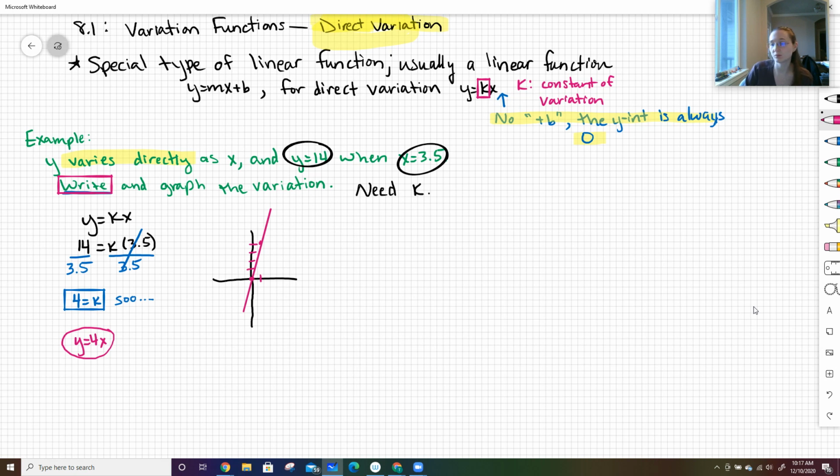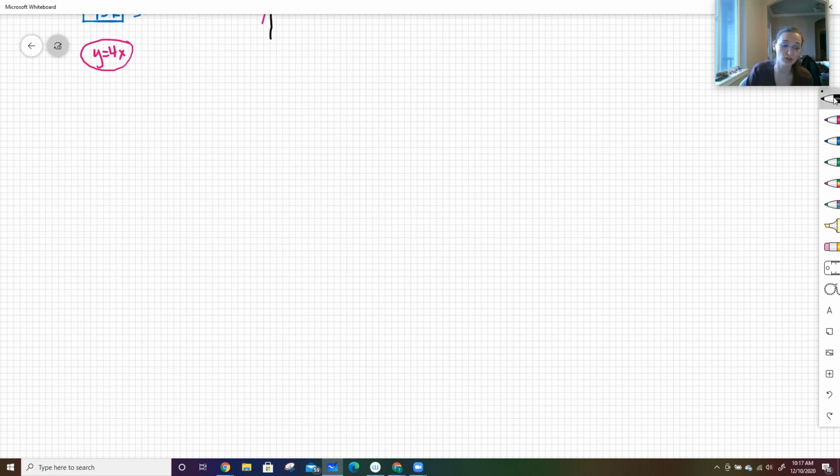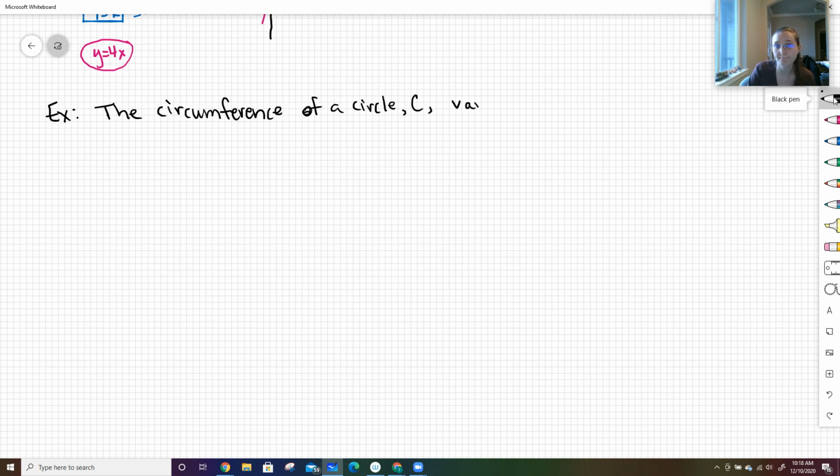Let's do another problem real quick. Let's do more of a real world situation. Example. The circumference of a circle C varies directly with the radius.